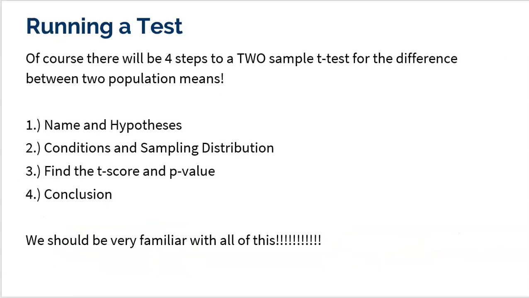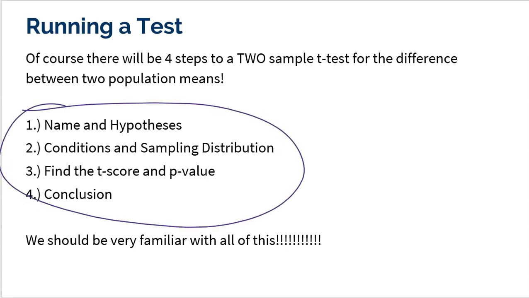It's called a two-sample t-test for the difference between two population means. And of course, to complete all of this, there are 4 very well-known steps. Name the test, give the hypotheses, check the conditions and build that sampling distribution, find the t-score and the p-value for our difference, how special or unspecial is our difference, and then give a conclusion.